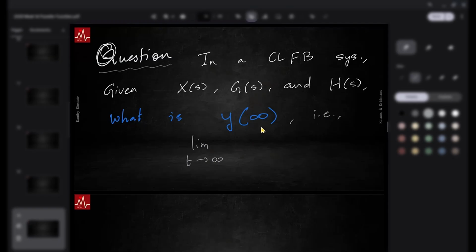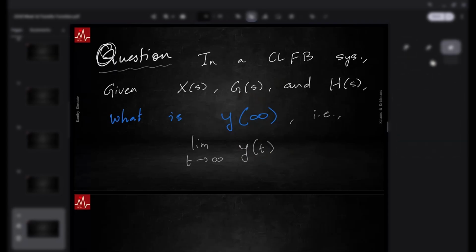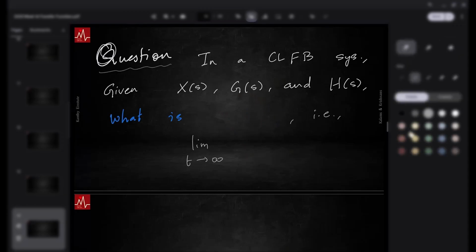Output is a signal, a function of time. What is that output? In fact, this is output. This is not really of interest. So what is r infinity minus y infinity?